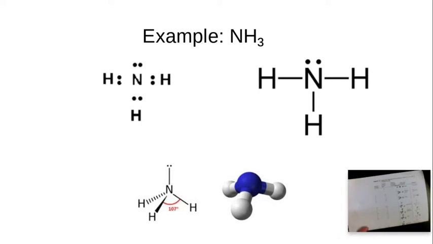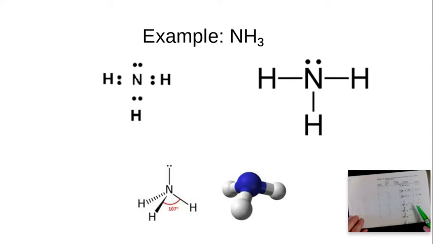So I come over here. This is in the packet I gave you at the beginning of the year, or if you don't have this molecular geometry table, please get one. I'm coming down. I know that I have 3 bonds and 1 lone pair, so this is not it. The next one down has 3 bonded to 1 lone pair. That's a total of 4 charge clouds, and that is trigonal pyramidal.